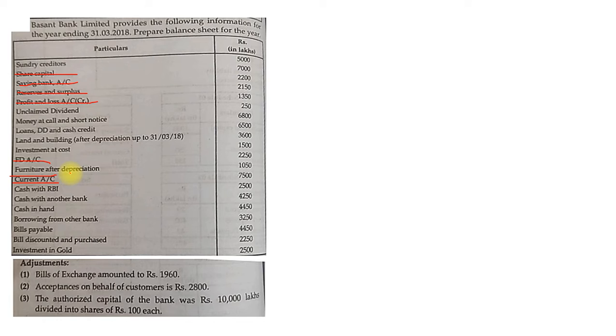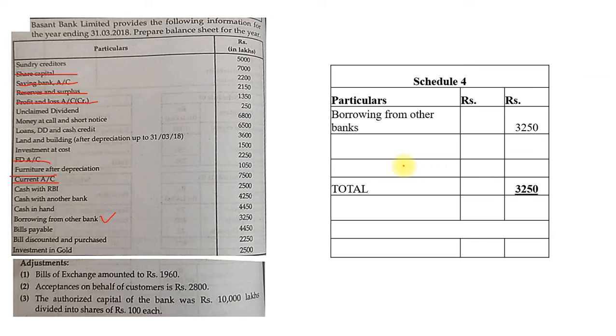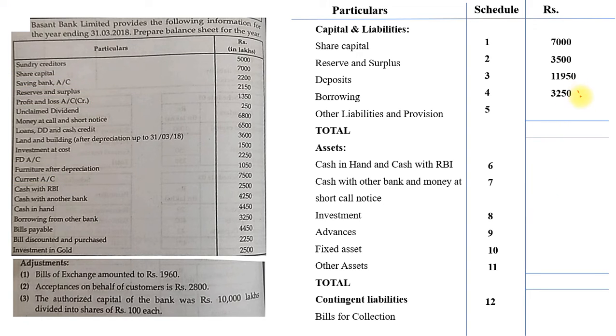So now if they have any other borrowing, I can see here there is one borrowing from other bank, 3250. So there's only one borrowing, rest there is no other borrowings which are given. So our schedule number 4, borrowing from other bank 3250, total is also same 3250. So there was only one item. So in our schedule 4, 3250 has appeared.